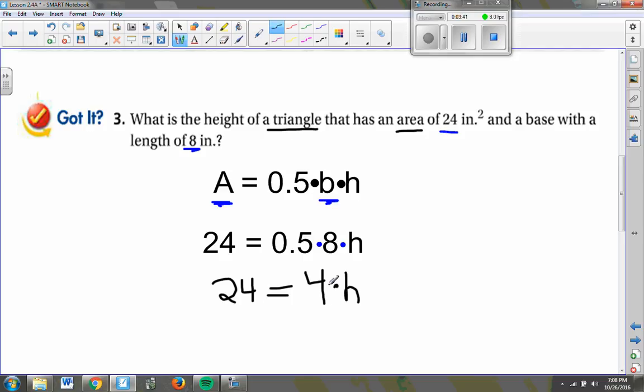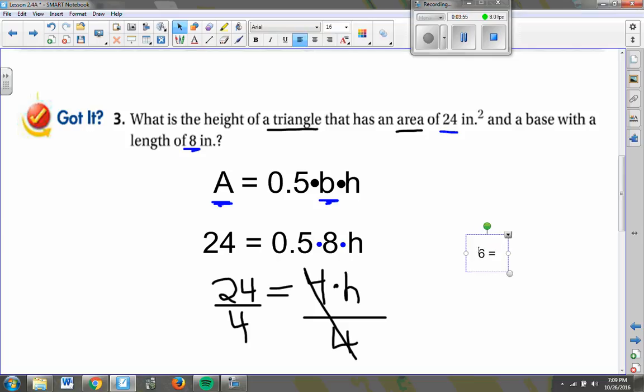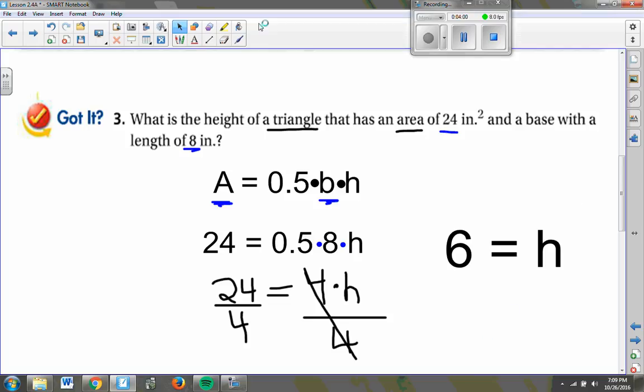Since h is being multiplied by 4, to get h alone we divide both sides by 4, and we end up with h equals 6. The height is 6 inches, because everything else has been in inches. We found that by plugging the two numbers they gave us into our area formula, multiplying them together, and dividing.